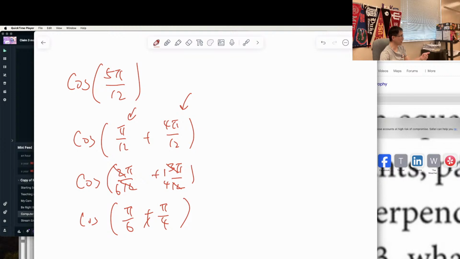We have pi over 6, pi over 4, pi over 3. We don't have pi over 12. Pi over 12 is 15 degrees, so there's no sine of 15 degrees. But there's sine of 30 degrees, which is 2 pi over 12. Because 1 pi over 12 plus 4 pi over 12 is not simplifiable, but 2 pi over 12 plus 3 pi over 12 gives you both simplified to unit circle values.